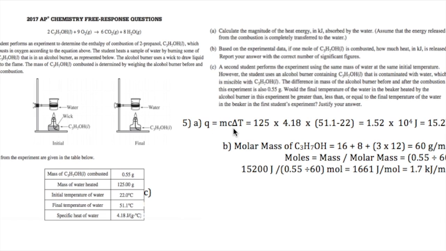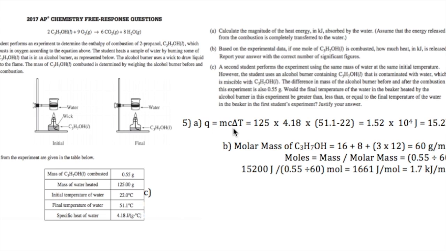So as we can see, probably just looking at it, we probably understand that there's a bit more explanation in this one. So let's read the question. A second student performs the experiment using the same mass of water at the same initial temperature. However, the student uses an alcohol burner containing C3H7OH that is contaminated with water, which is miscible with C3H7OH.